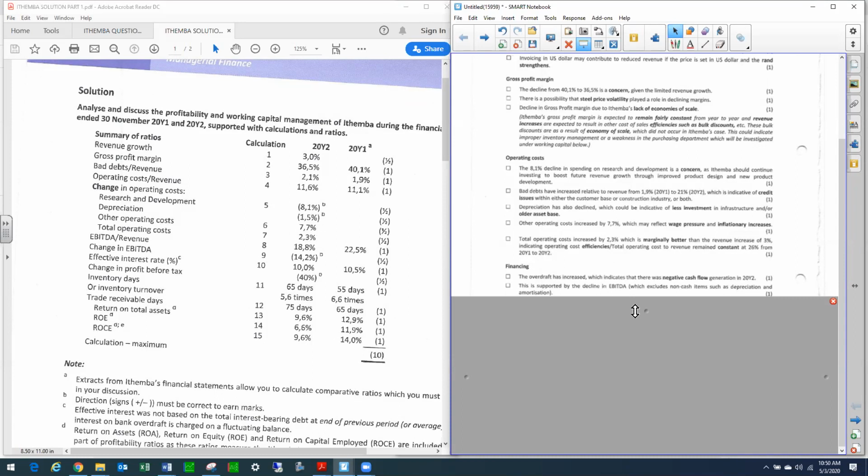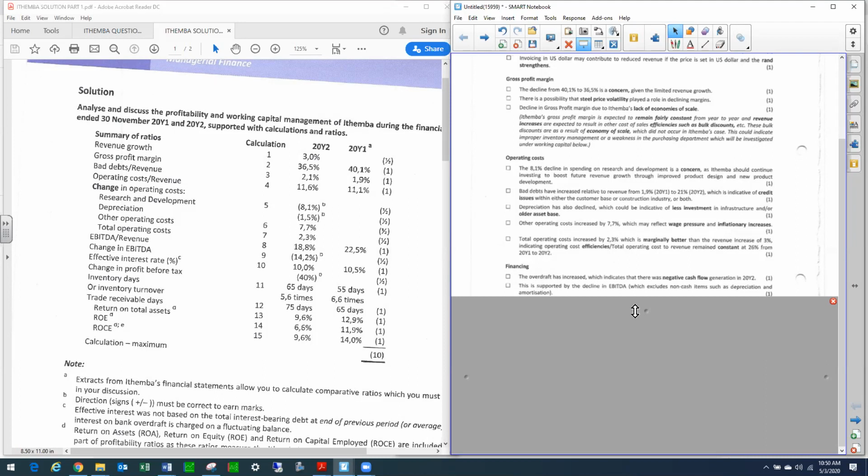Now, guys, this is quite a strange thing, but let's just talk about the simple marks. Overdraft gone up, therefore, what, guys? The risk of a company increases. Sorry, which risk? Financial risk.